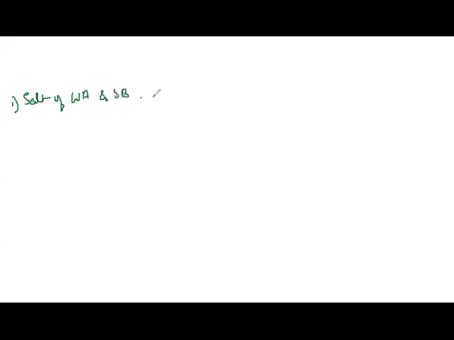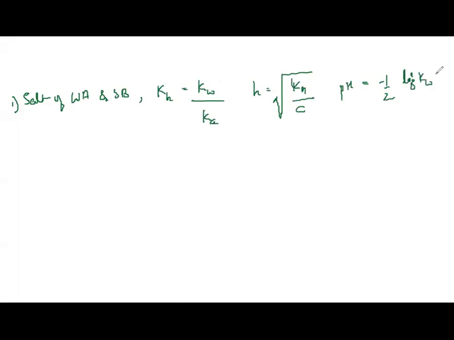If it is like this, then Kh is equal to Kw upon Ka, and h is equal to root of Kh upon C. And the expression for pH is minus 1 by 2 log Kw plus log Ka minus log C. Yes, these are the expressions.